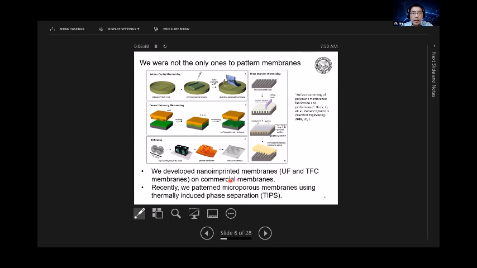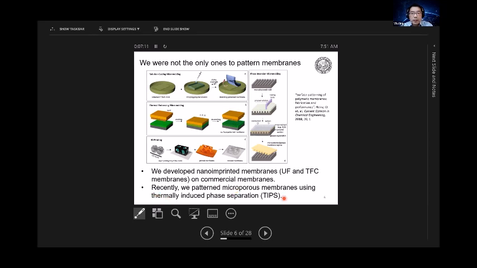That's how we started. And I'll show you that the imprinting method works pretty well for patterning ultrafiltration and thin film composite membranes, nanofiltration and RO. But it has a limitation for patterning things like microporous membranes, like microfiltration, because the pattern sizes we're interested in start to match the pore sizes.